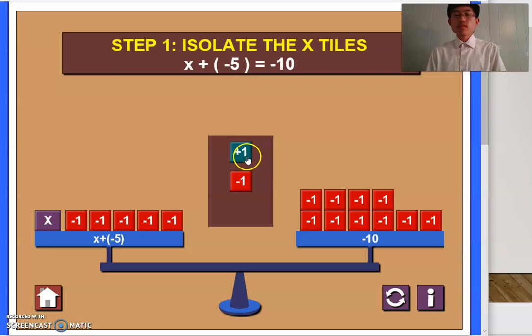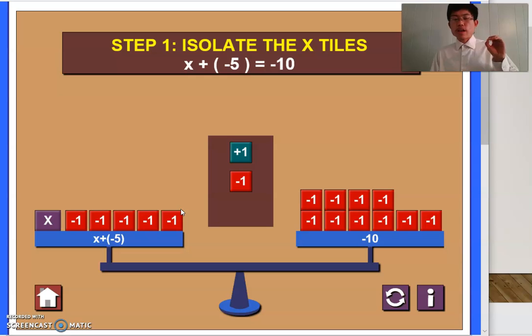Okay? So I want you to look at -1. If I add 1, it goes away. If I add -1, it doesn't go away. You probably figured out 1 plus -1, or 1 minus 1, gave you 0.